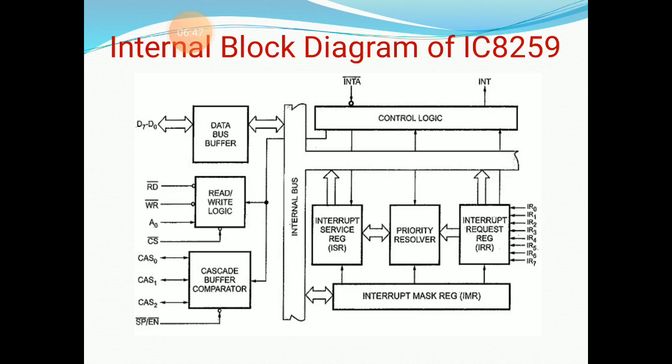These lines can be used as output lines or input lines. If the IC is used as a master device, these cascade lines are output lines. If the IC is used as a slave device, these 3 lines are input lines. And there is one signal called SP bar or EN bar, which can be used either as a buffer enable or slave programming. So this is about the internal block diagram of IC8259.